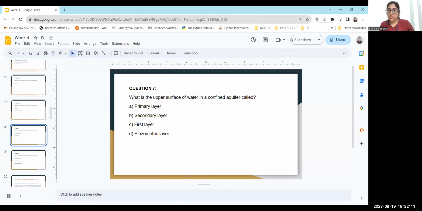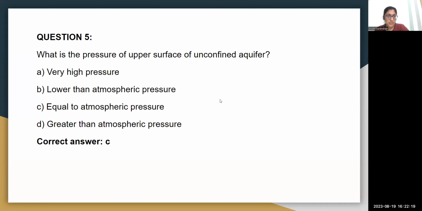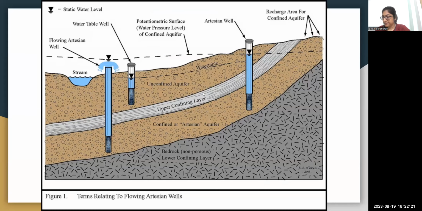So seventh question is talking about the upper surface of a confined aquifer. So let me take you to this slide. So a piezometric surface or a potentiometric surface is nothing but when you find the pressure head.